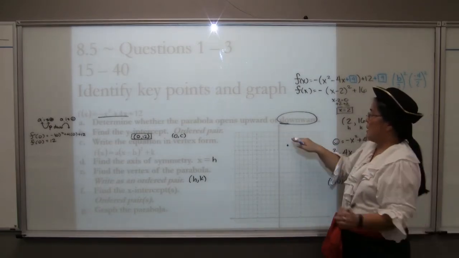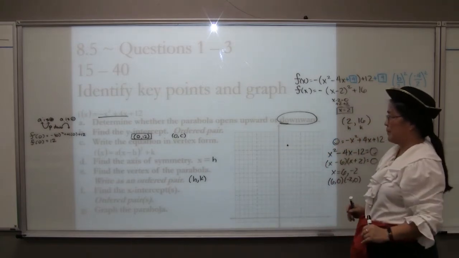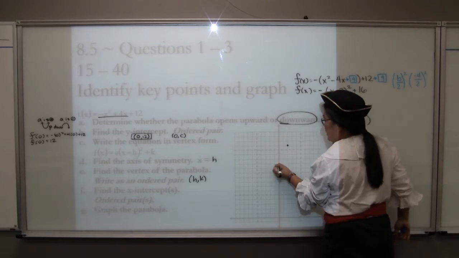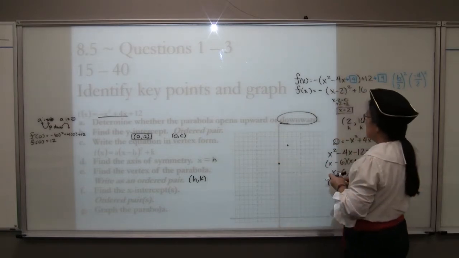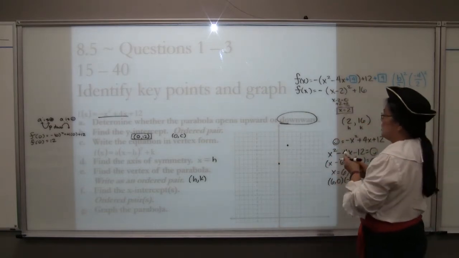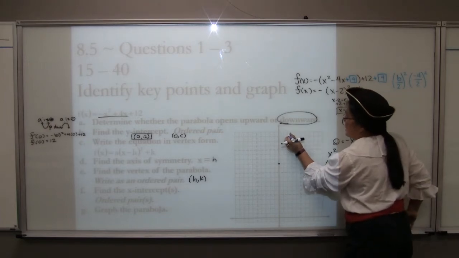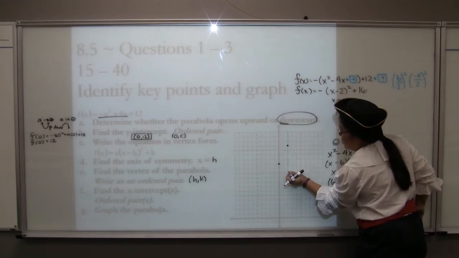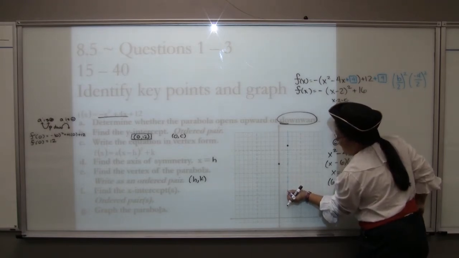It is a parabola opening downward from there. The y-intercept is at (0, 12): 5, 10, 11, 12 here. The axis of symmetry is at x equals 2. That is an invisible dashy line. Sorry, I'm not using a straight edge. That cuts our parabola in half.